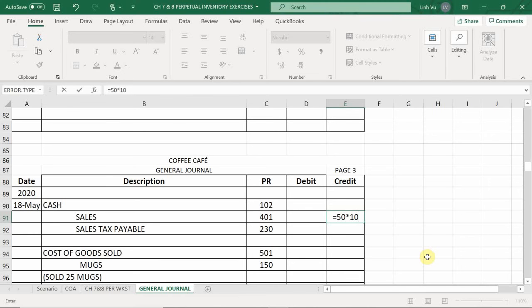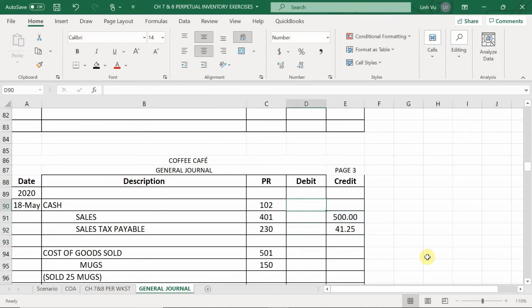500. How much taxes am I going to be collecting? 41.25. So therefore, in grand total, how much cash am I going to be receiving? 541.25. Good.